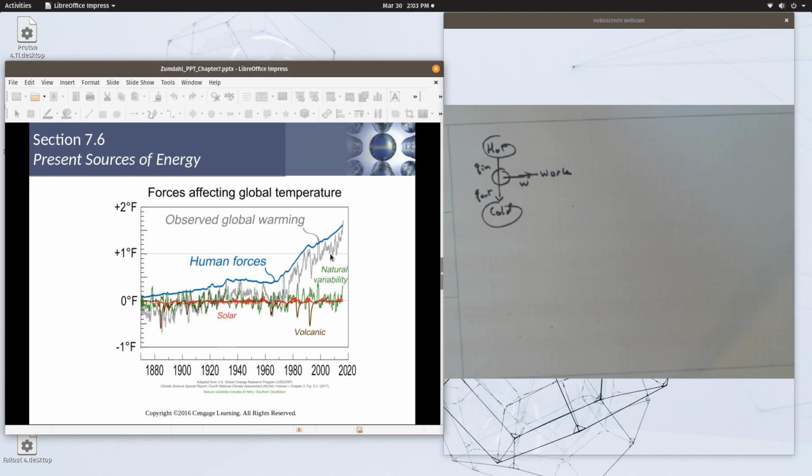Again, 1 degree over the entire Earth doesn't seem like a lot, but 2 degrees, 3 degrees, 4 degrees, especially in the regions where the freeze-thaw cycle depends upon this quantity.